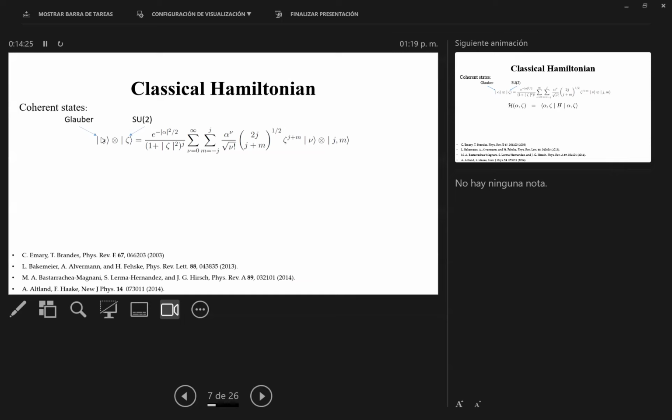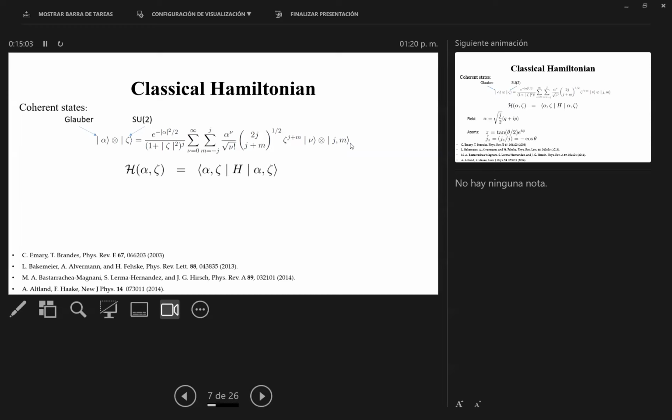These act for the photons, and the other part, the SU(2) coherent states, work in the atomic part. We can split these coefficients in the Fock basis and in the pseudo-spin basis. It is useful if we want to build the coherent states from the quantum domain.